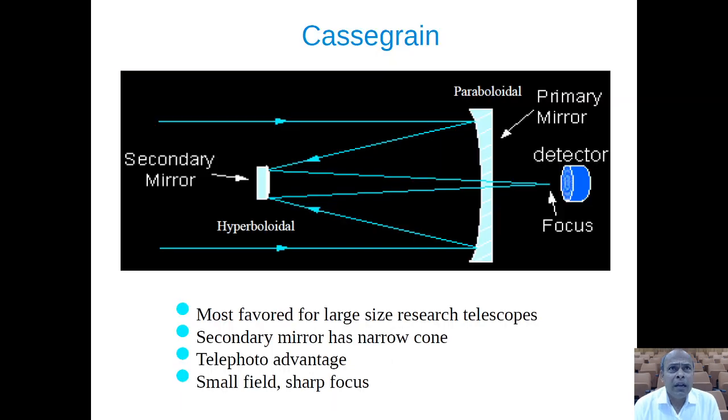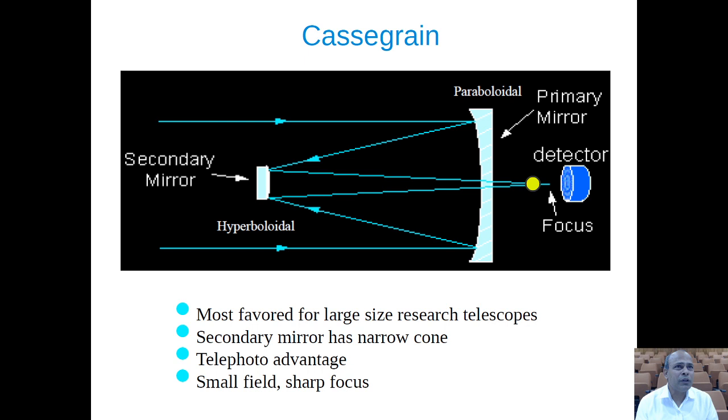There is the Cassegrain configuration of reflector. In this configuration, we use the primary mirror as a paraboloid, and the secondary mirror as a hyperboloid surface, convex, and light focuses at the end. We usually make a hole in this configuration. So this is the focus.